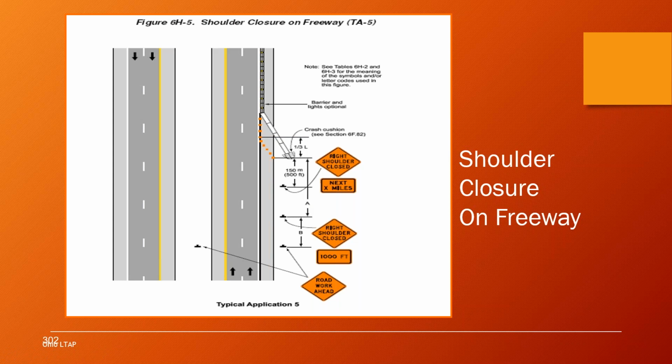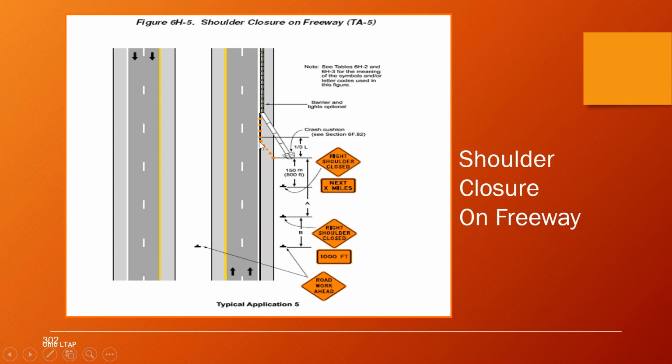If you look at page 17 of that handout, you'll see that chart that shows you how to figure out A, B, and C. And on a freeway, this is where A and B have different values. So it might be like a half mile and a quarter mile spacing for A and B.